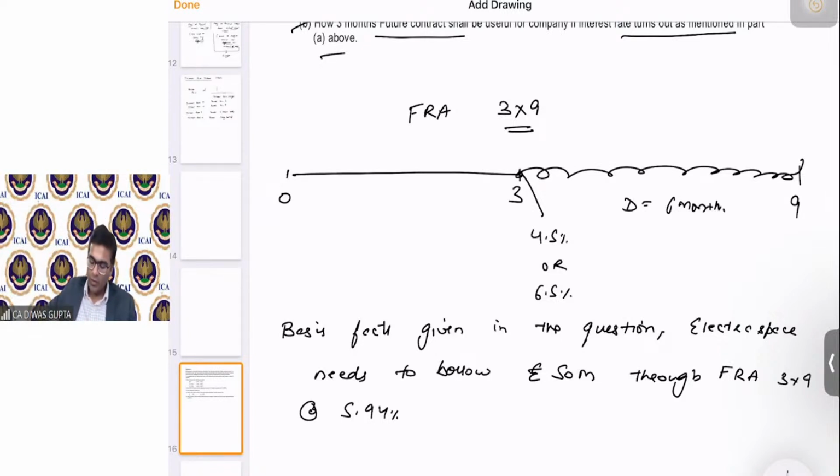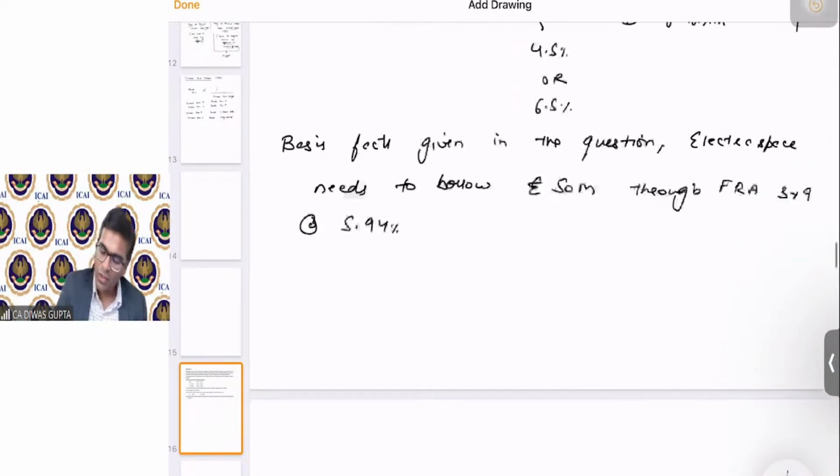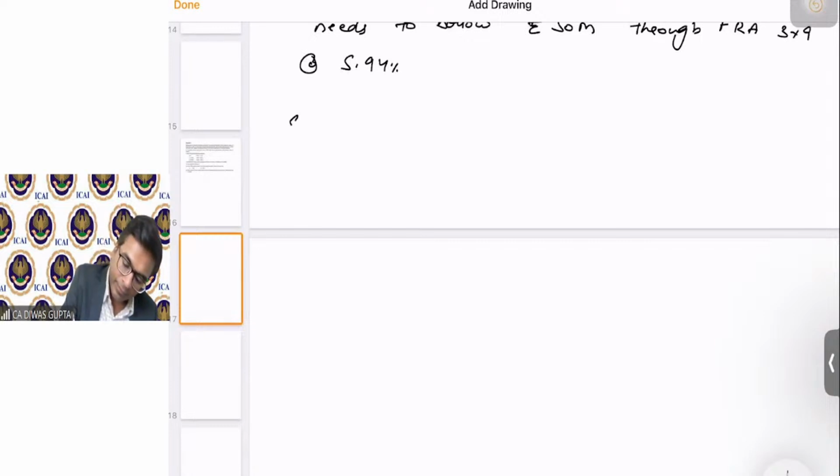Now let's calculate the gain or loss for the two different rates that are given that existed after 3 months. Now next part is the calculation of gain/loss.